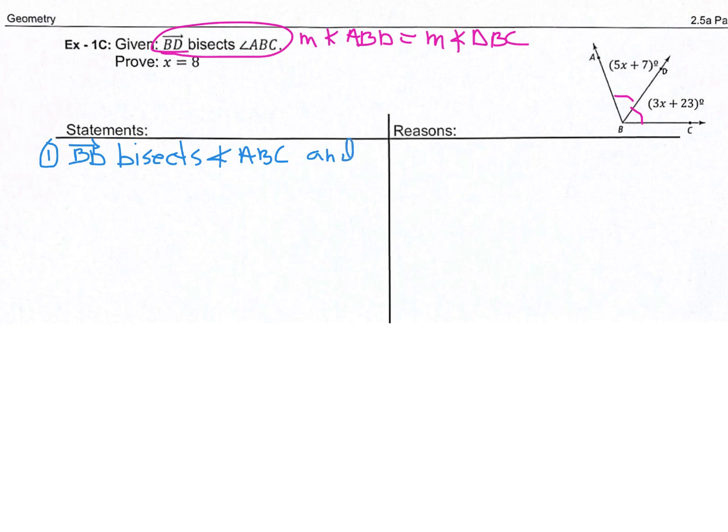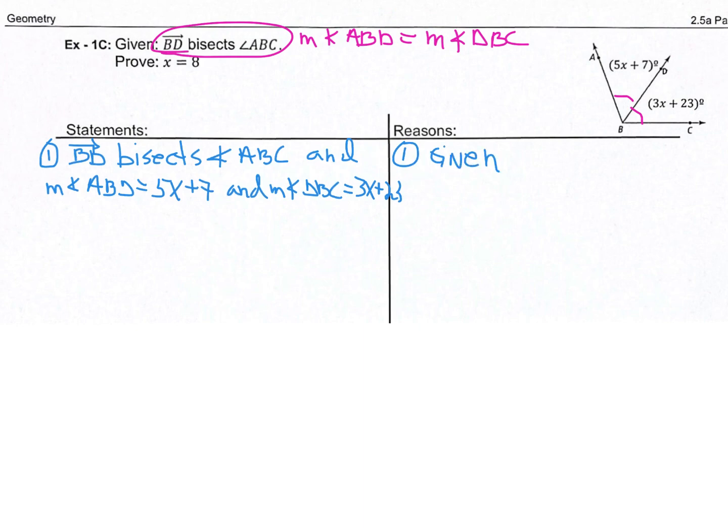And I'm going to put in there that the measure of angle ABD is equal to 5x plus 7, and the measure of angle DBC is equal to 3x plus 23, squeezing that in there. So step 1, given. All right, so you want to make sure that you got this part in there.